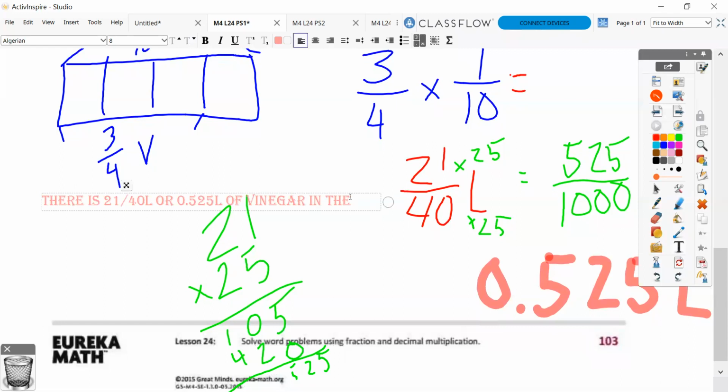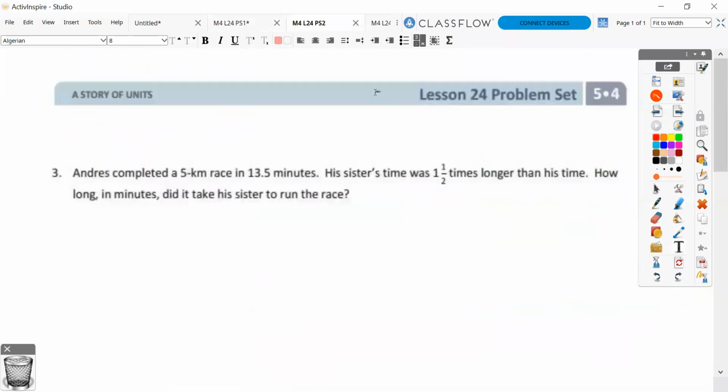Really, they're making a mixture though, right? They made a mixture of vinegar and oil. All right, good job. Let's go on to page 2.